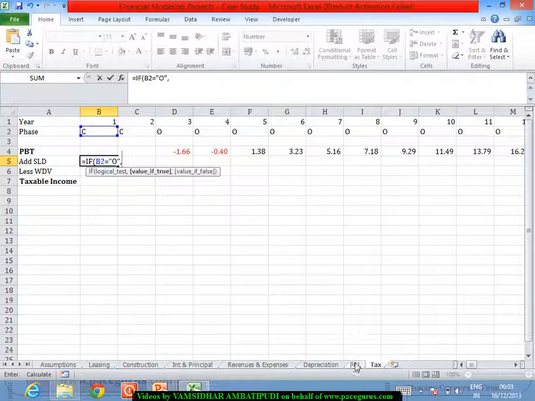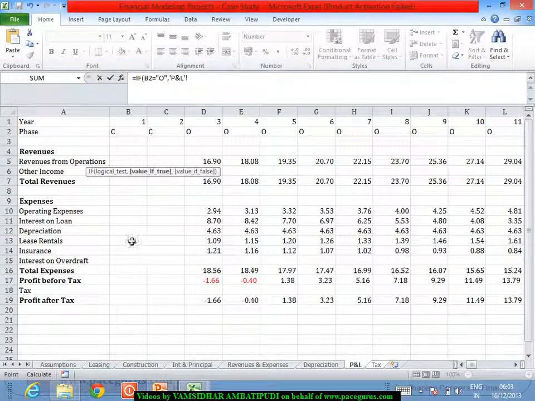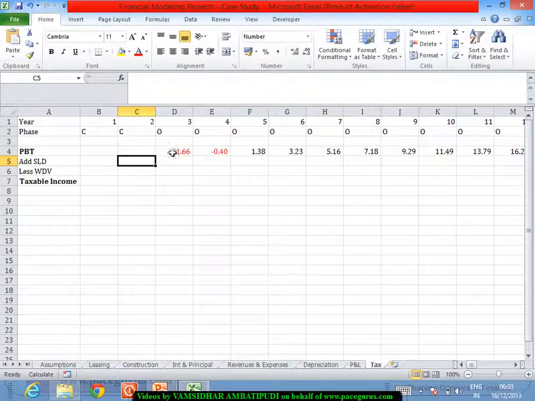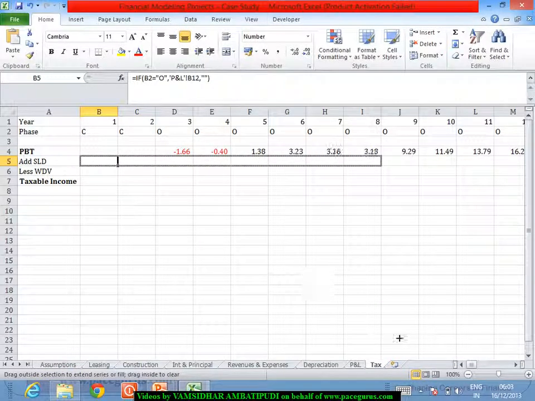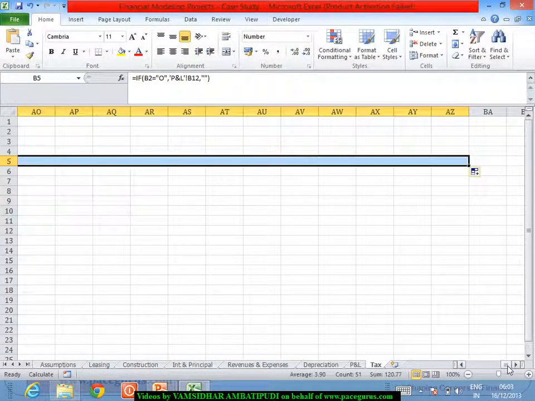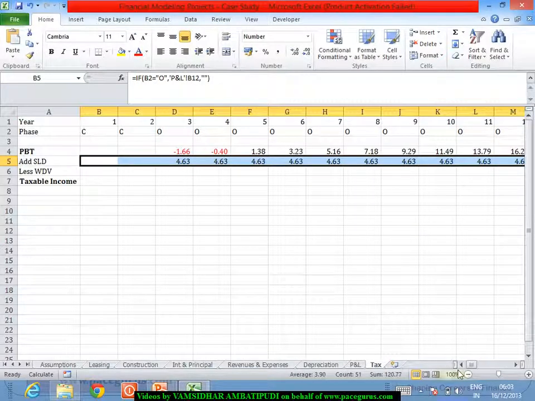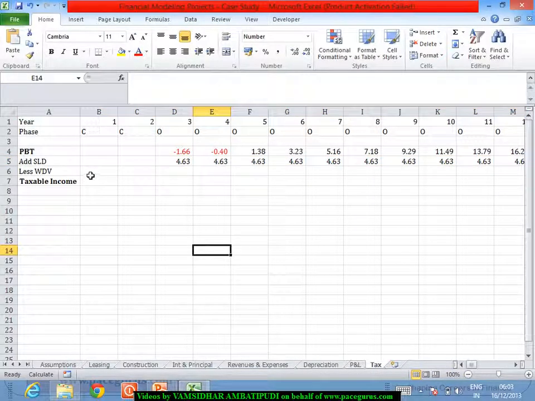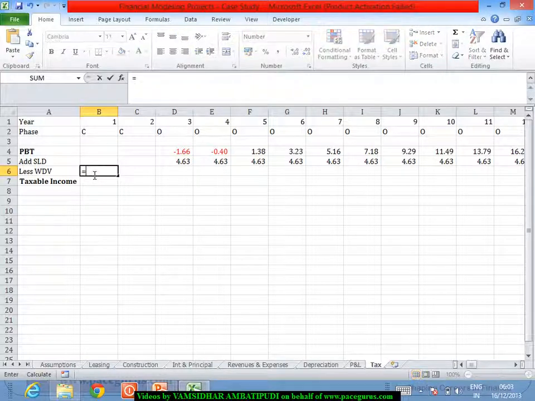So either from the P&L itself I can add back the straight line depreciation, otherwise I'm leaving it as blank. So even for this period I'm able to highlight the depreciations which I'm going to add back. This is the depreciation that is getting added back, and less the written down value method depreciation.